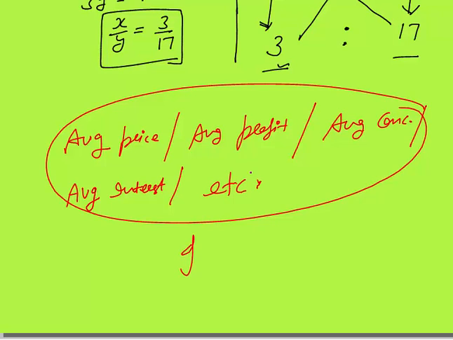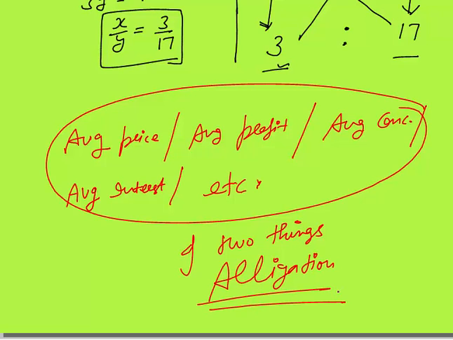Average price, average profit, average concentration, average interest of two things, we can always use alligation. So where to use alligation? Whenever average price, average profit, average concentration, average interest is given of two things only, you can always use alligation. I will make this concept clear in the examples to be discussed next.